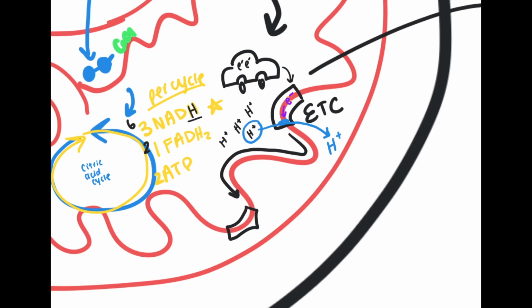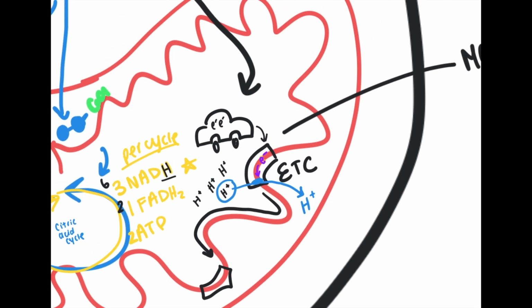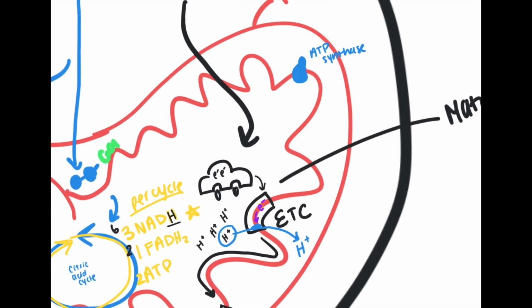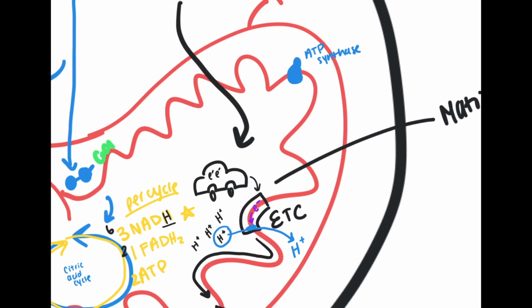Okay, why? Why would they want to do that? Well, the last step, I'll draw it over here, is that there are these proteins embedded separately in the membrane called ATP synthase. And what their job is to do is to passively allow those hydrogen ions to flow back into the matrix.